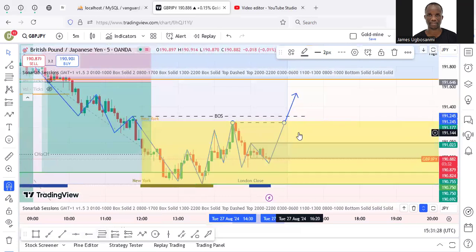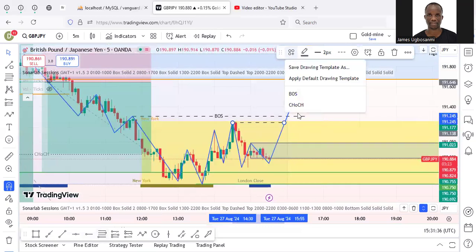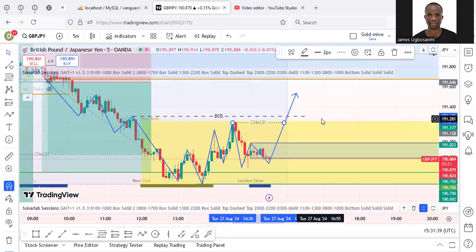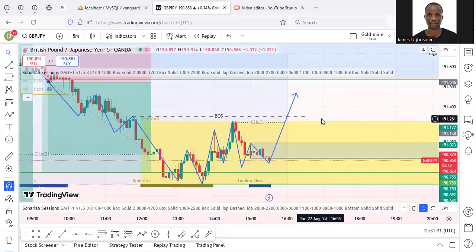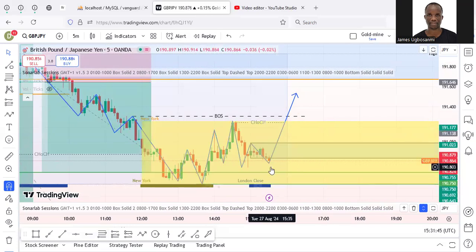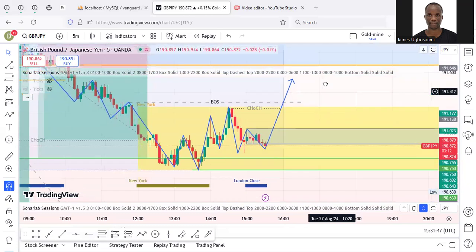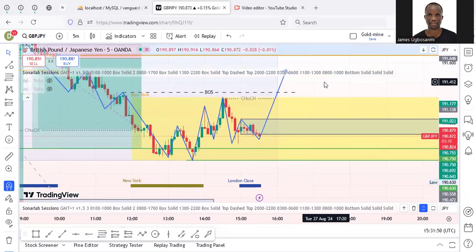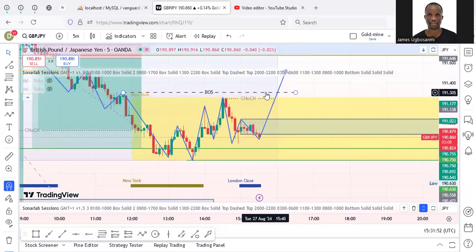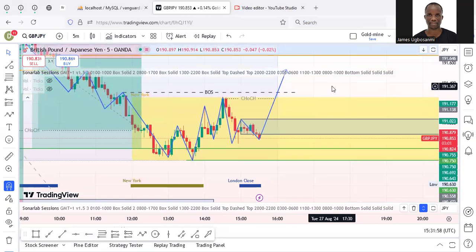If it breaks there, then we are good. Probably we'll see a buy up. But if it doesn't and it's going the way it's going, that means the market is not interested in going up. It's not interested.